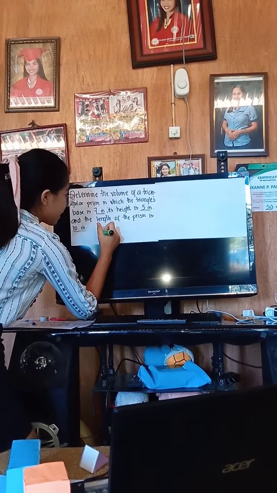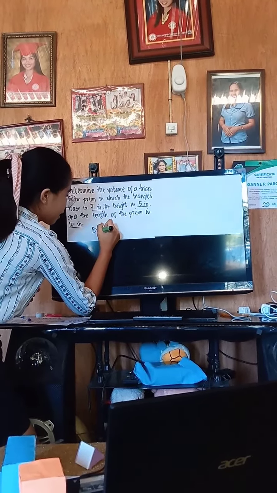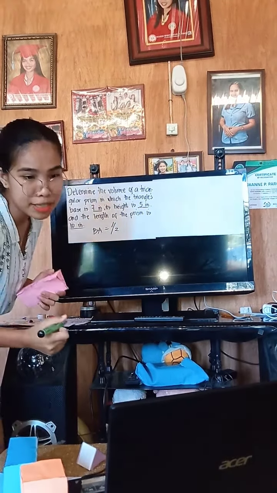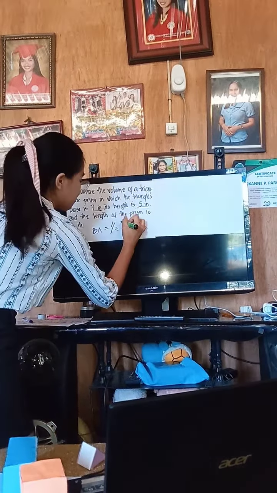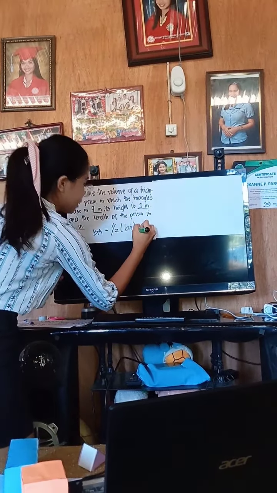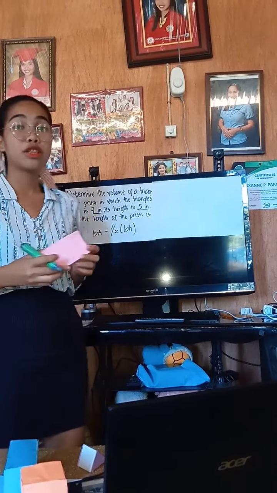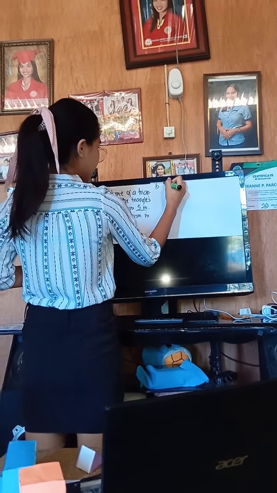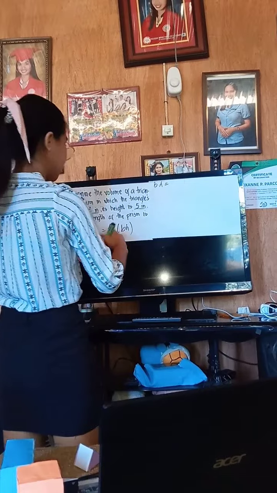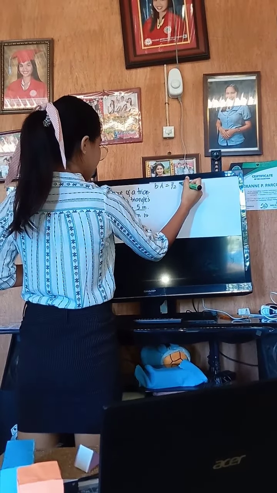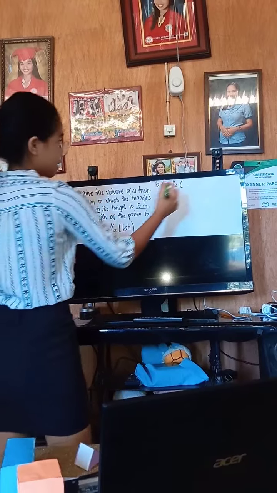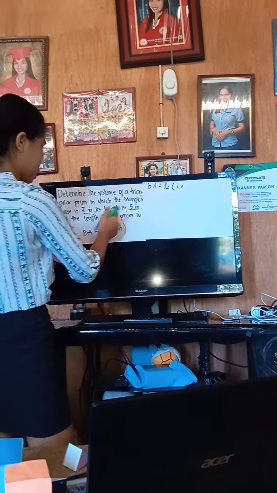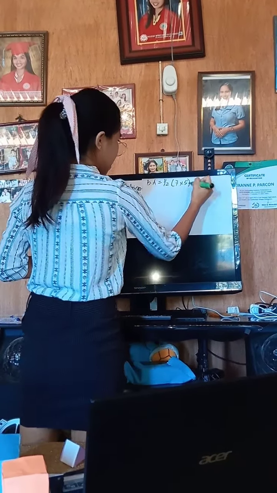The formula is base area equals 1/2 times base times height. Next we substitute the values. Base area equals 1/2 times our base, 7 inches, times the height, 5 inches.